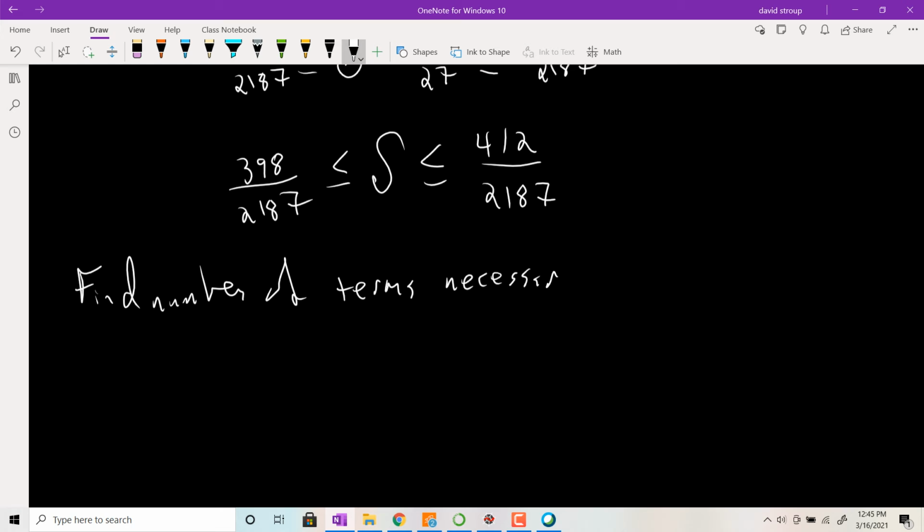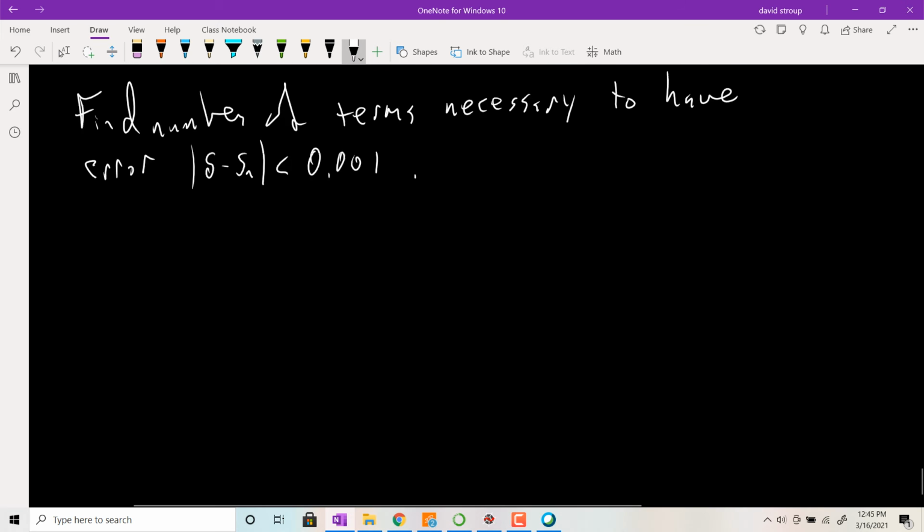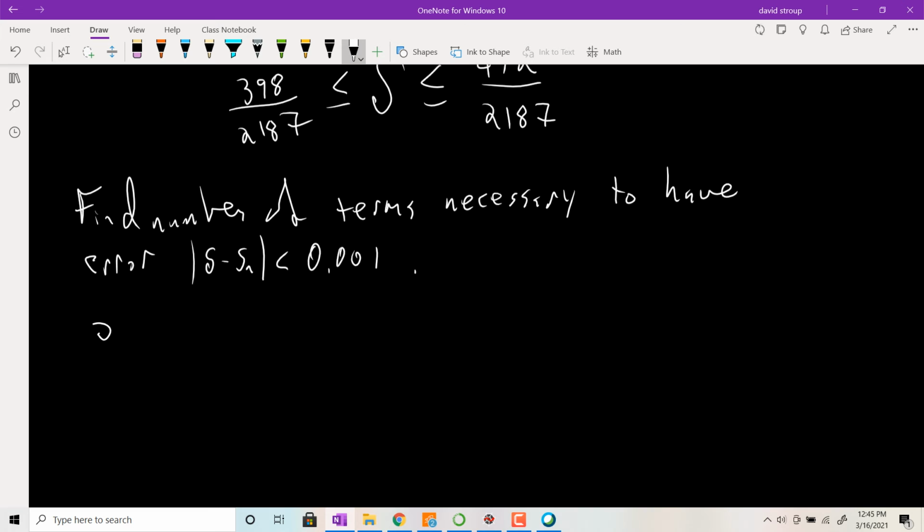In other words, the difference between S and S sub n less than some value, in this case 0.001. The series they give us is the sum from n equals 1 to infinity of (-1)^(n+1) over n to the 5th.